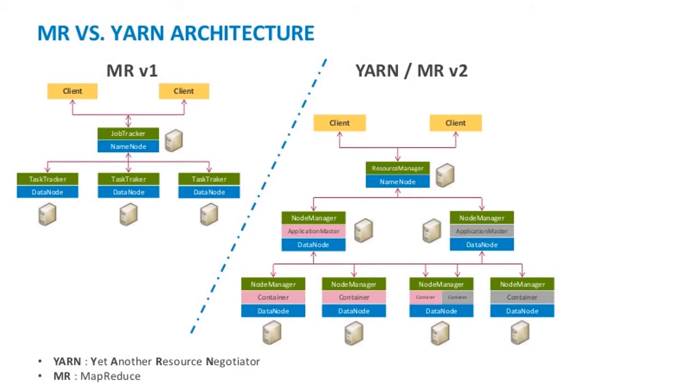There were task trackers attached to the data nodes, and the job tracker would take the MapReduce job, split it up into the map tasks and the reduce tasks, and schedule them on the data nodes. If a second client launched another MapReduce task, it would do the exact same thing all over again.